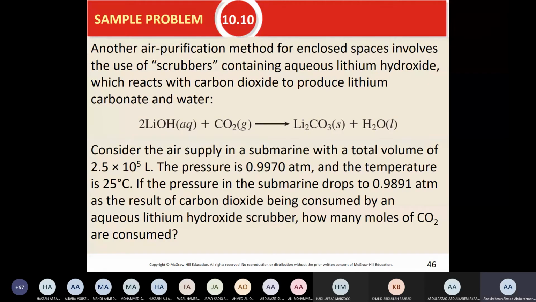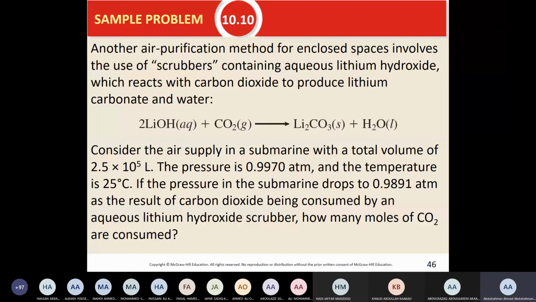Now another application: it is used as a scrubber where we have CO2 coming out of factories. Okay, if we have this equation, the pressure dropped.